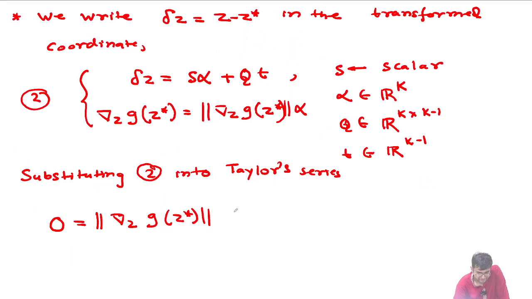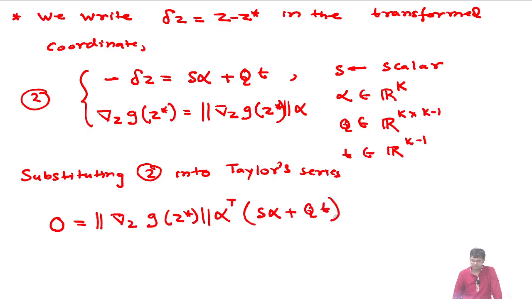But alpha is the unit normal vector, so that will become transpose multiplied by this quantity. So s alpha plus qt, and this is my first order term, right?